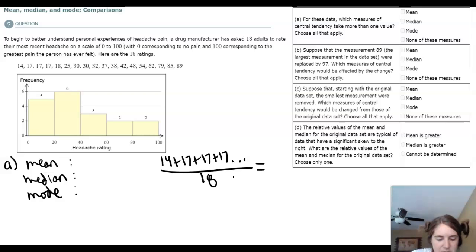I'm adding all these up. We should have gotten 734 divided by 18. And that is like 40.8. So that's only one value.